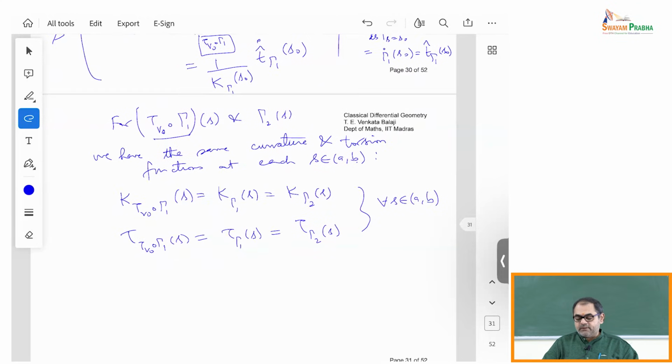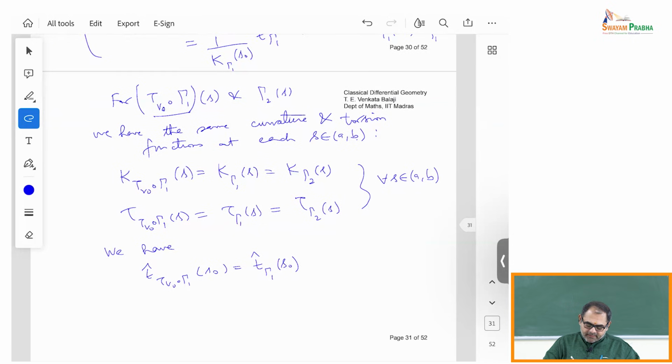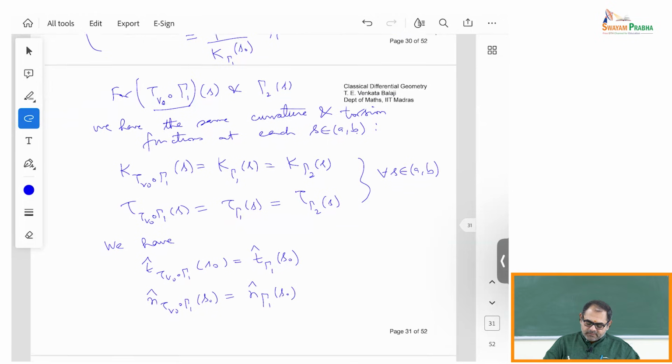Now look at the Frenet-Serret frames at that intersection point. We have t cap of gamma 1 at s naught, n cap, and b cap.